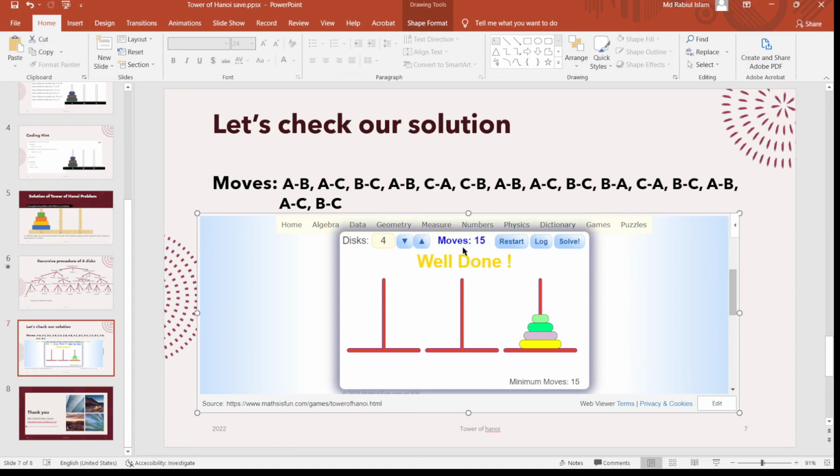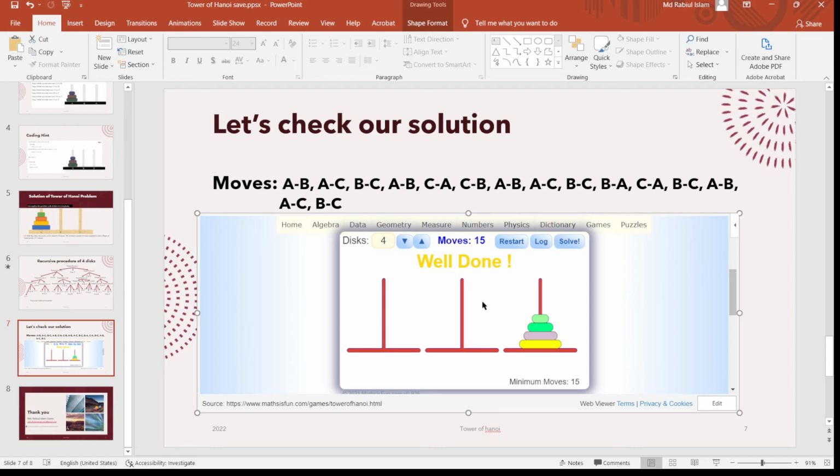And we see that we have taken about 15 moves to solve this problem, and this matches the minimal number of moves condition. So we can say that this is the actual solution. With this idea we can solve any number of disks.